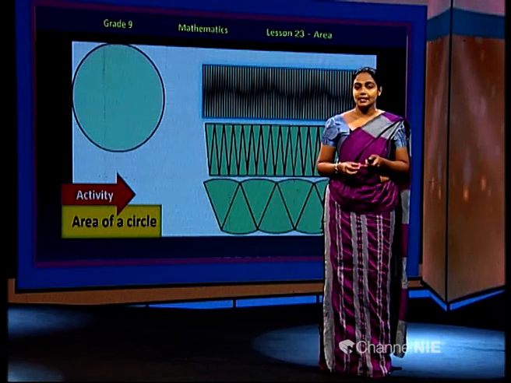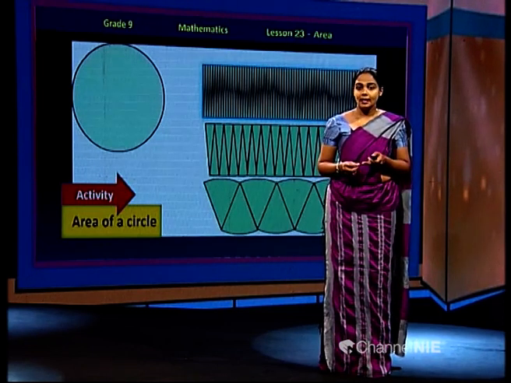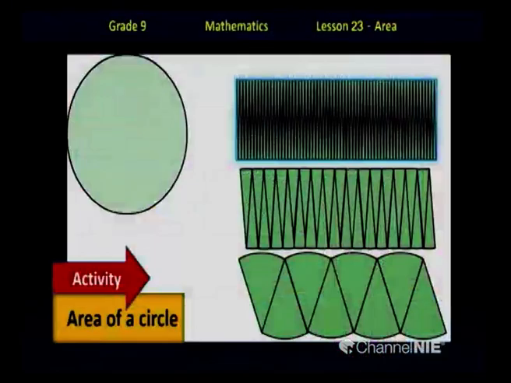If the circle is divided into tiny sectors, then we can form a rectangle. I think all of you could understand it. Let's see what is happening there.